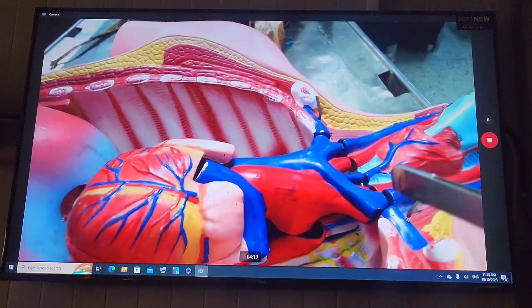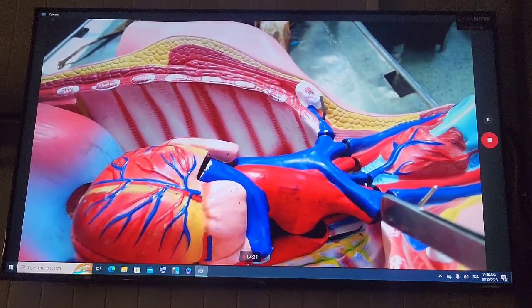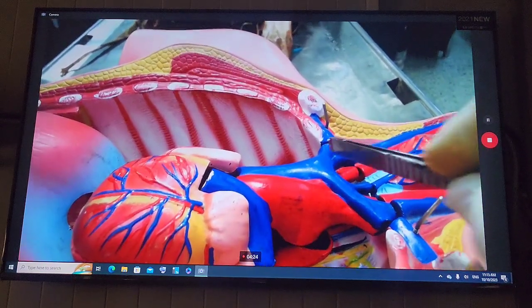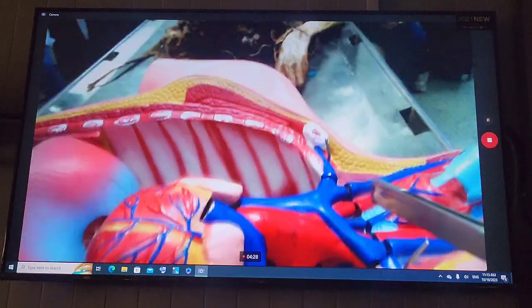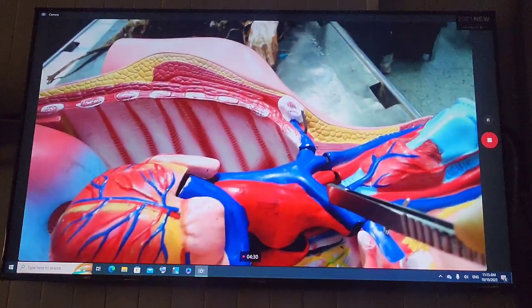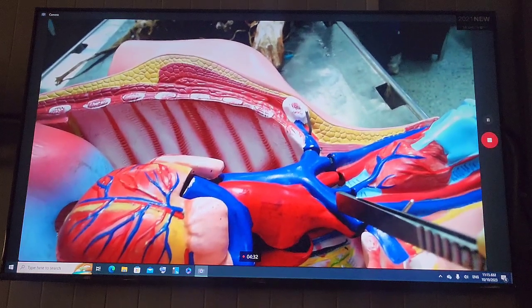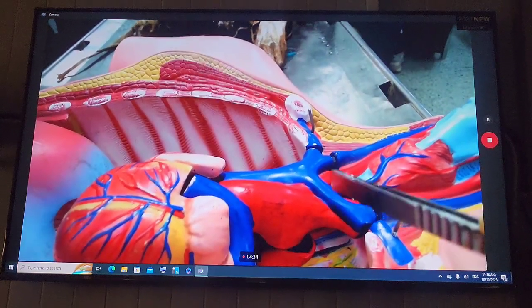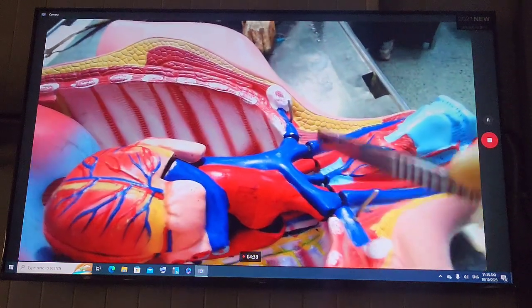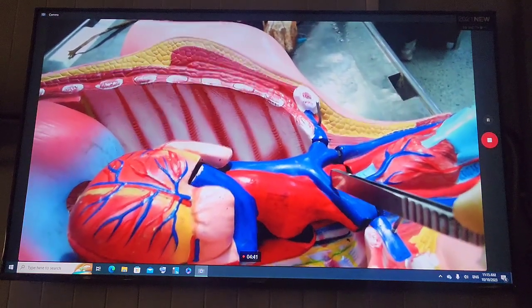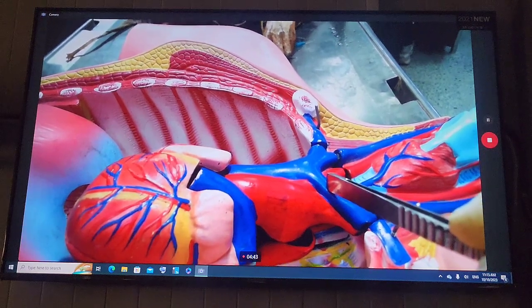The relations of the brachiocephalic veins, right and left, include the thymus, which will not be seen in either the plastic sample or the cadaveric sample, because it is a flattened organ that becomes smaller in adults, and most of the cadavers are adult cadavers. Anterior to the thymus is the manubrium of the sternum.